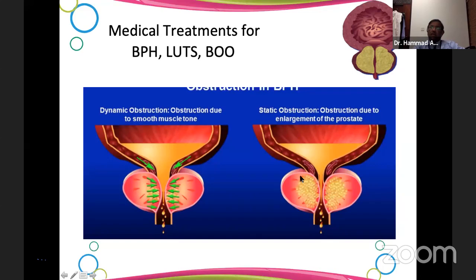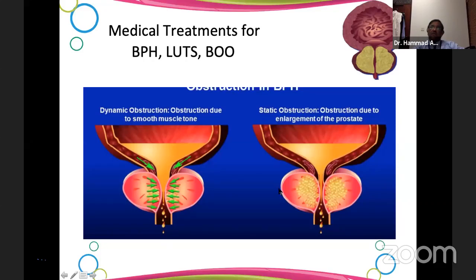The other component, which is due to development of adenoma and static obstruction, is seen in a certain percentage of people, and it is generally considered that patients who have a prostate on ultrasound abdomen of more than 45-50 grams are the ones who have significant static obstruction, and they require medication to take care of the static obstruction.